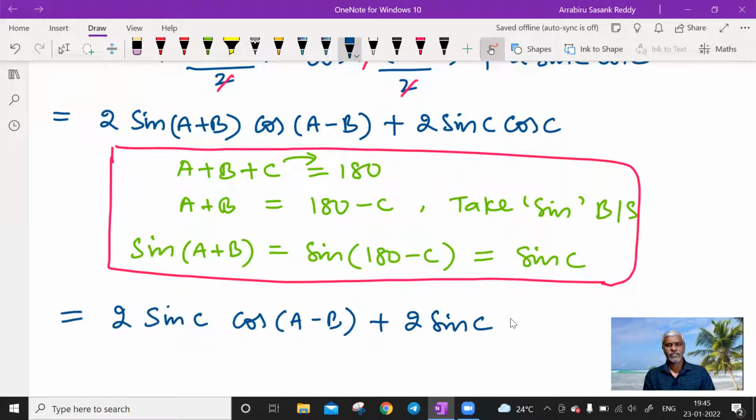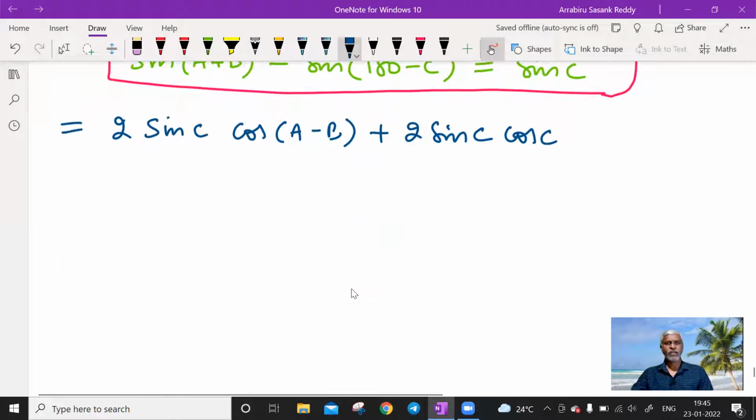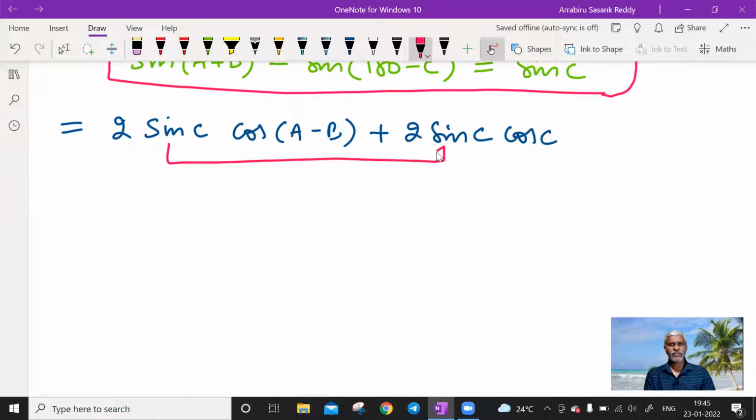Now taking 2 sin C common from these two terms, so 2 sin C taking common.